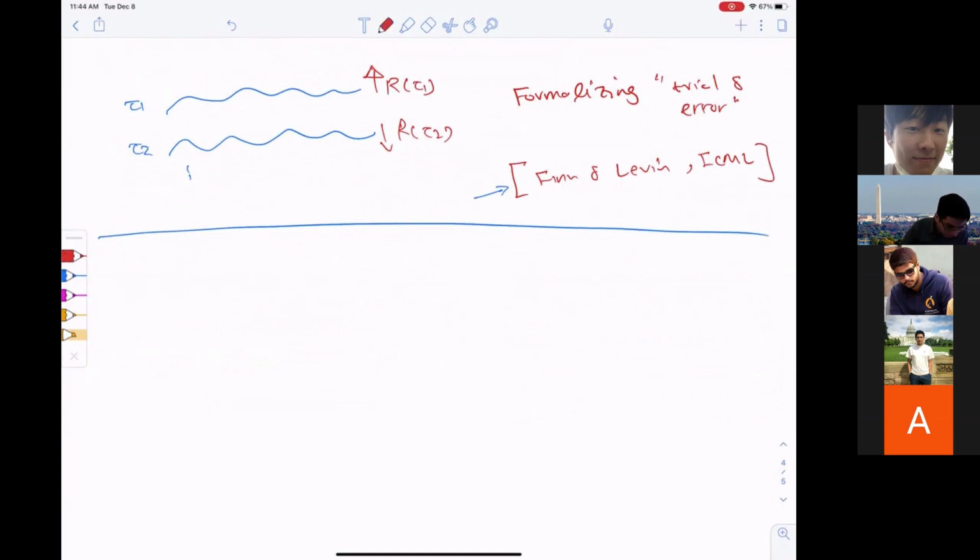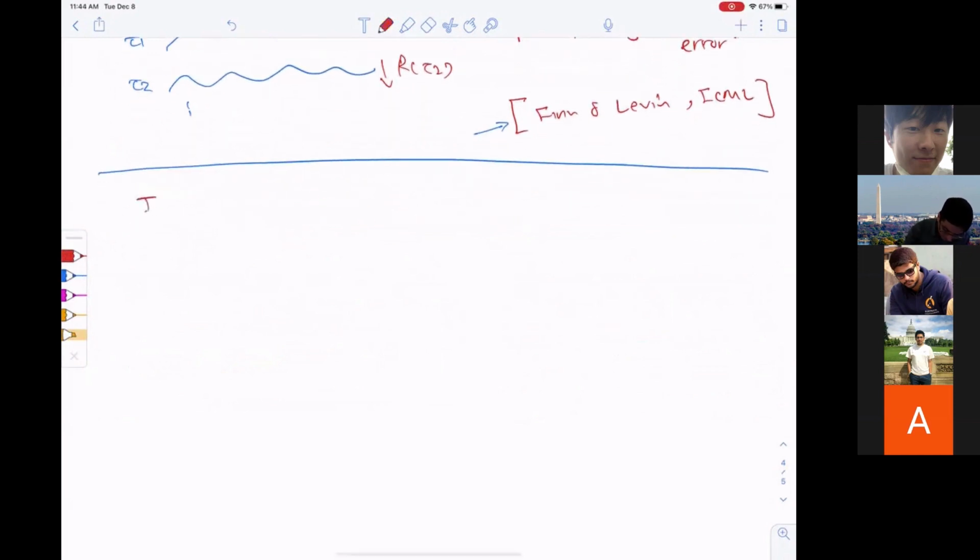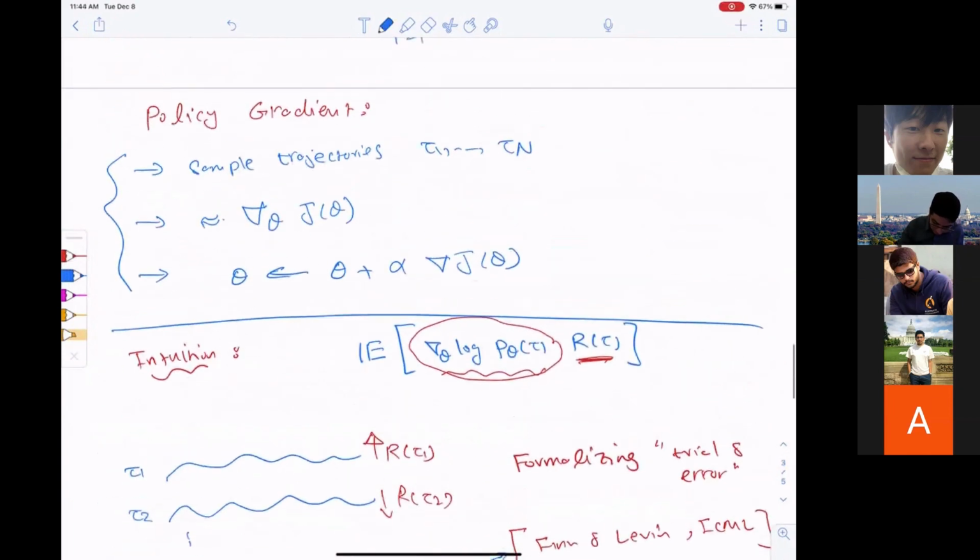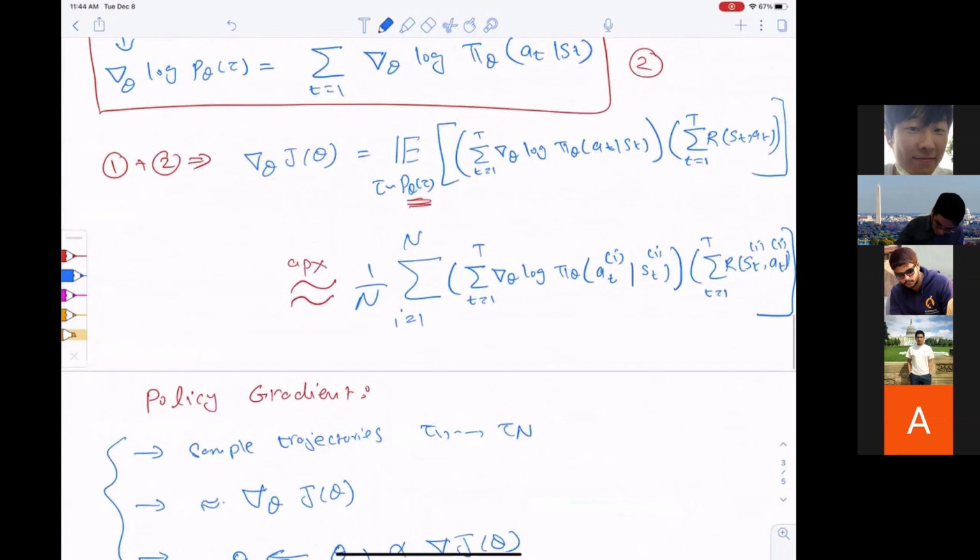So let's talk about some issues about policy gradient. It's a really simple and powerful method, but there are some issues that we need to be aware of and also take care of. So the first issue is coming from this step, right? We are approximating an expectation with an empirical expectation.